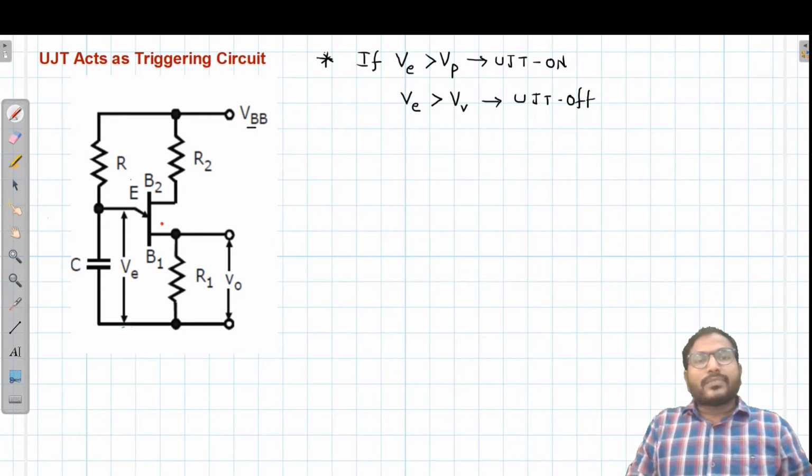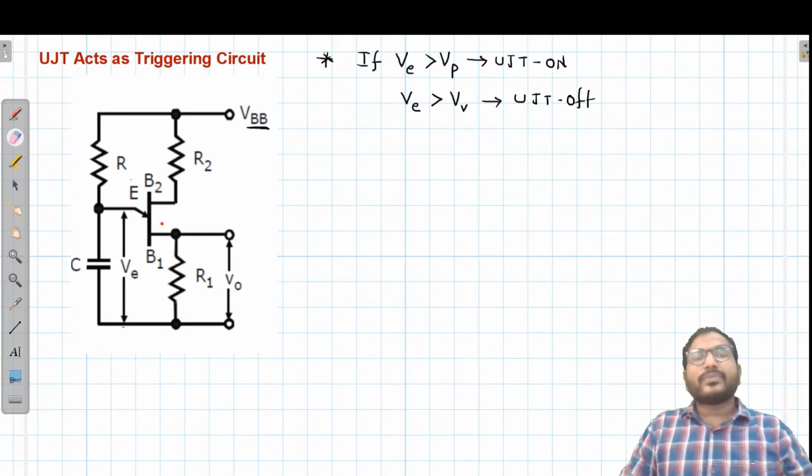The supply voltage is VBB. VE represents the emitter voltage, and V0 is the output voltage, that is the voltage drop across resistance R1. We consider the drop across R1 as the output voltage.